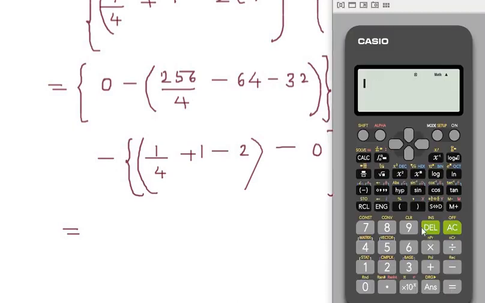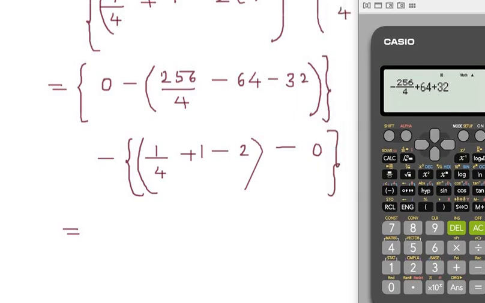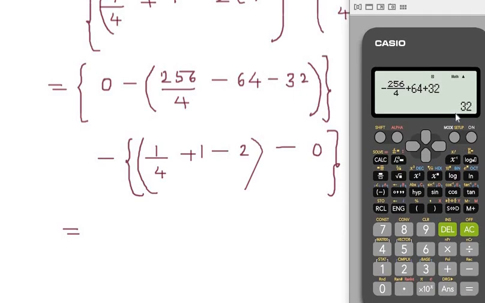So we have here minus 256 over 4, and minus of minus becomes plus 64, and minus of minus again becomes plus 32. So the answer for the first bracket is 32.